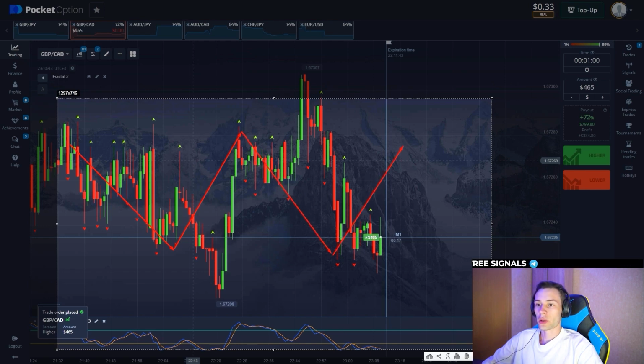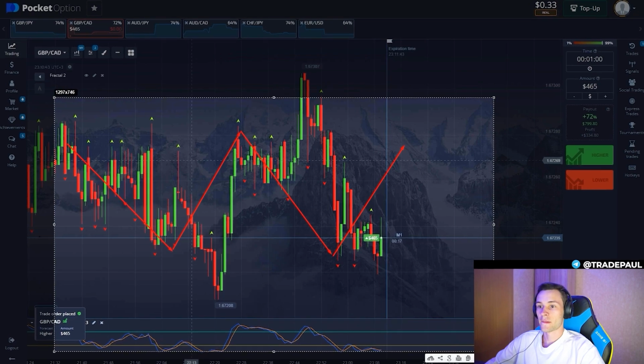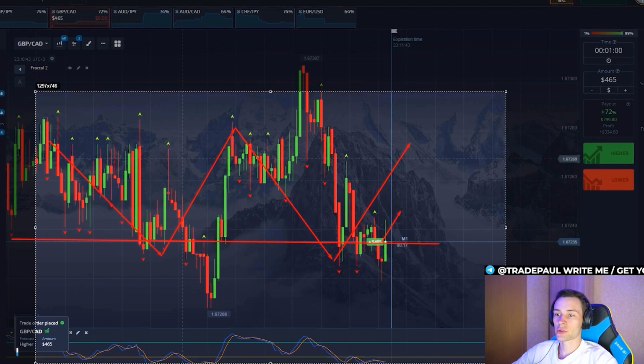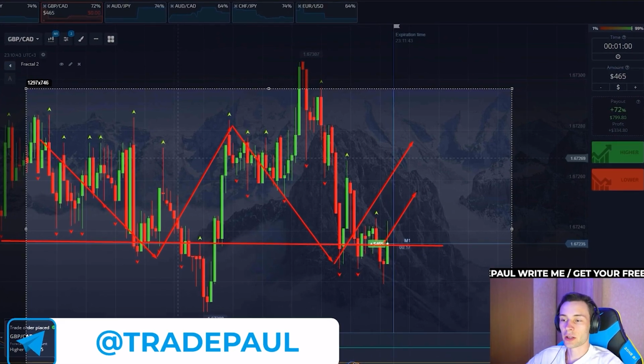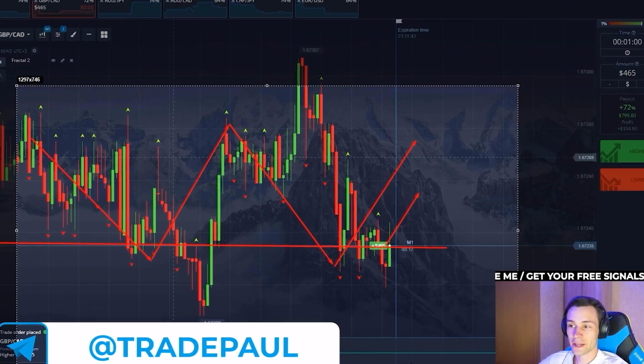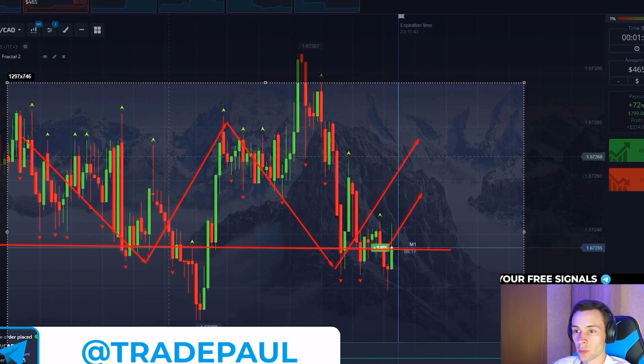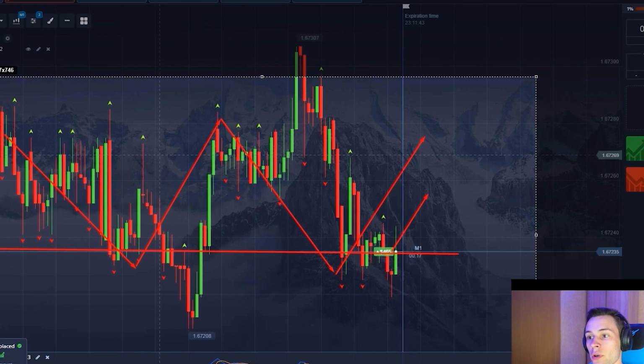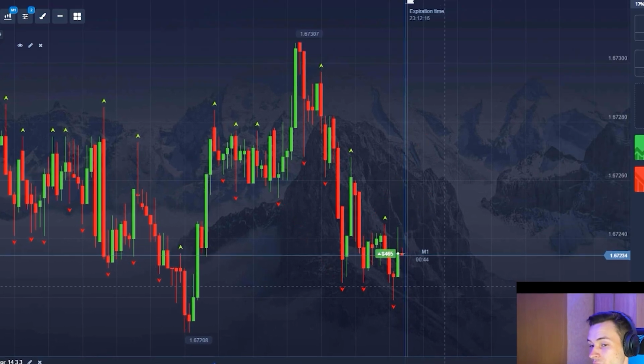I want to point out this support zone. Actually, it's a little bit lower, and price should bounce from it and finally go up. Also take a look at the stochastic. The moving averages cross it, which means the upward dynamics is going to take place.